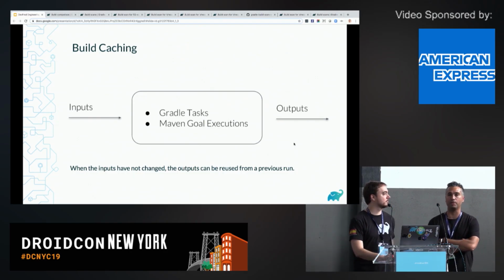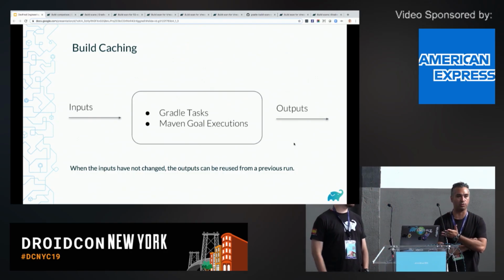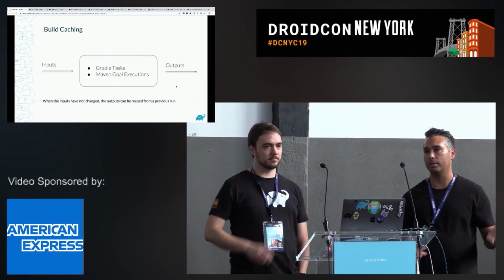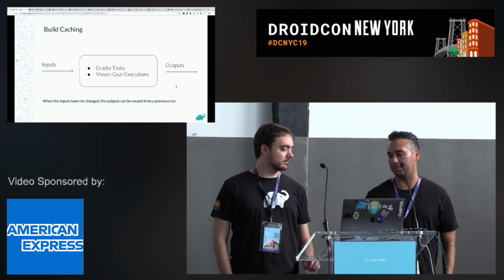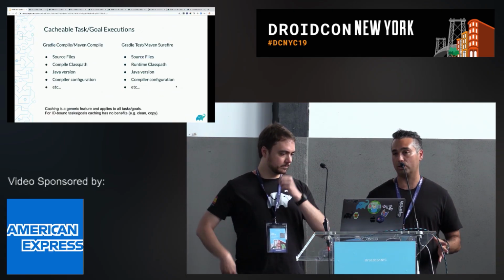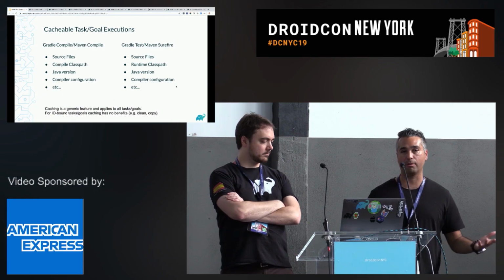So how many of you are aware of incremental builds? Okay, great. So essentially, this next lab that we're going to do on local cache, before the local cache, we had incremental builds. It's been around for a long time.